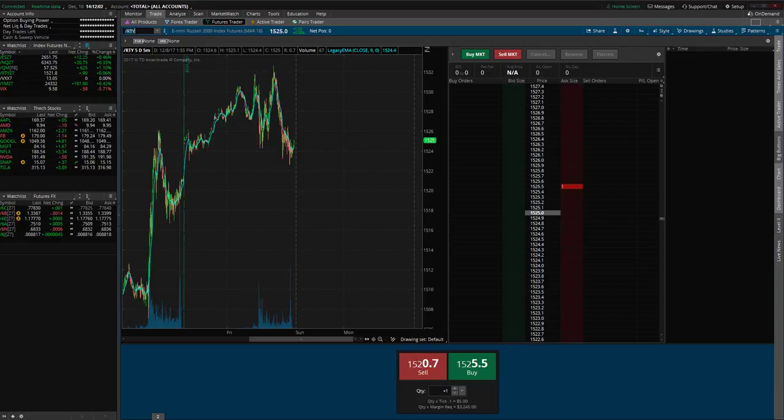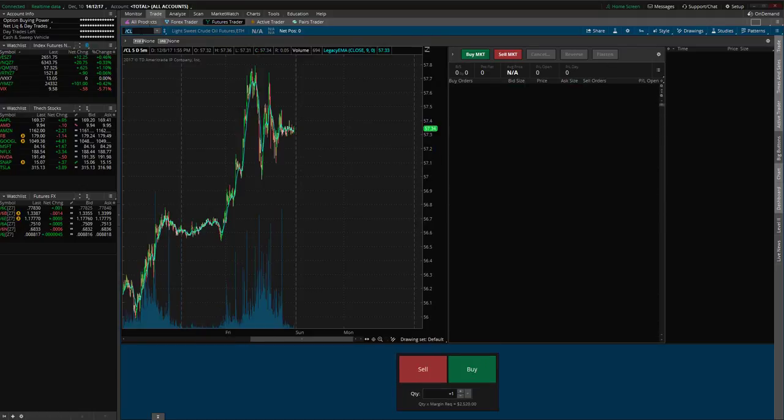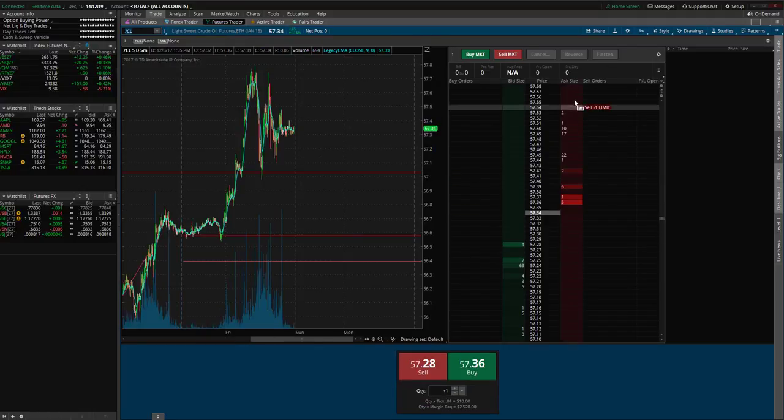Now, in case you guys do not know what liquidity is, it is simply the amount of buy orders and sell orders. So if we look at oil, for instance, you will see this sort of stream of sell orders and buy orders. This right here is pretty healthy. They're kind of spread out here, which makes spreads okay.